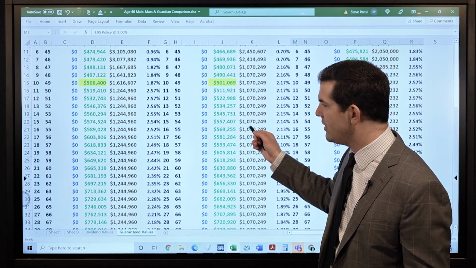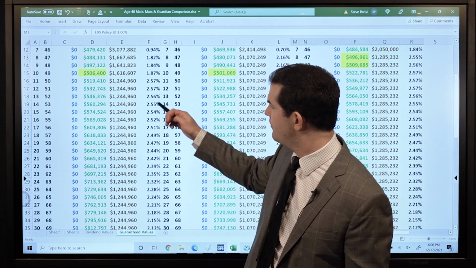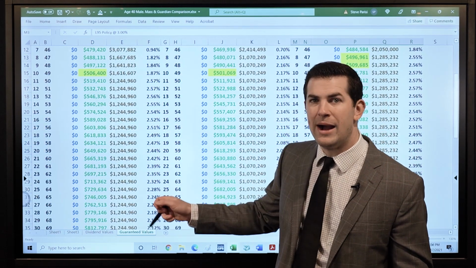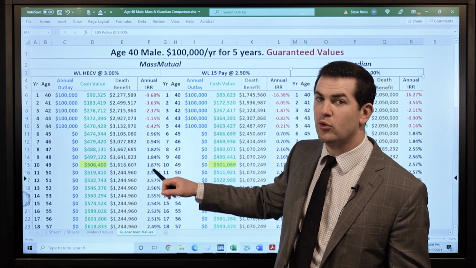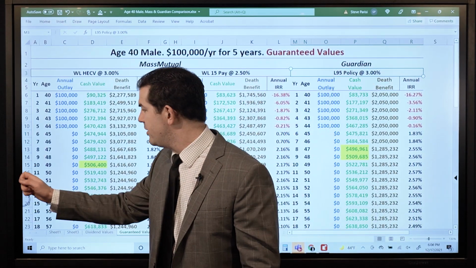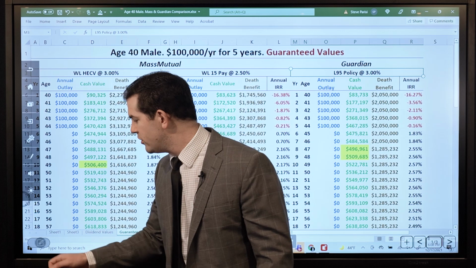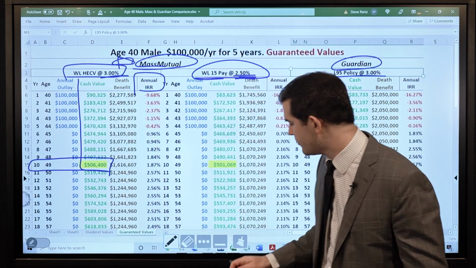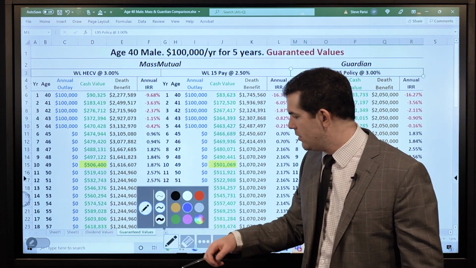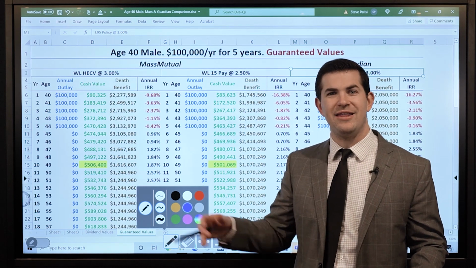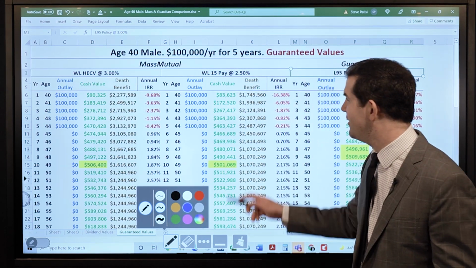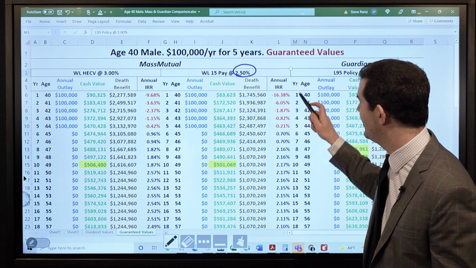But still, does it ever hit 3% when we look at it? No. Why? Because a guaranteed rate or dividend rate is not a net rate with respect to what you're actually earning on the policy. It is a gross rate, and the IRR is your net rate, which we like to make very transparent.